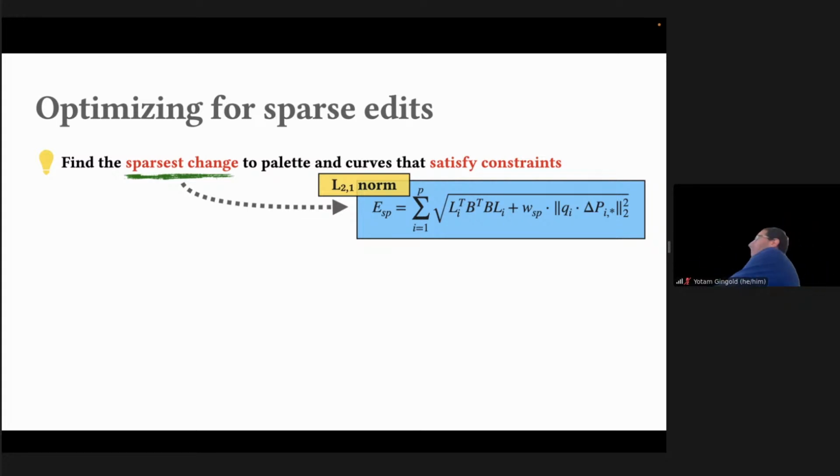That means every color in the palette, we're measuring its difference separately rather than together, and it leads to preferring to change fewer colors rather than more colors, all things being equal. We're also putting in the tone curves here, and they are biharmonic functions, and I'll say read the paper for details.